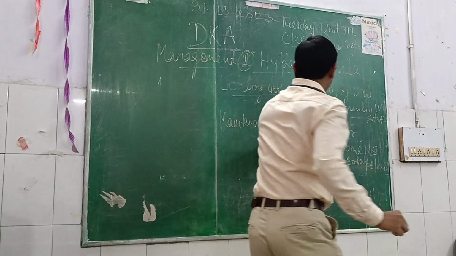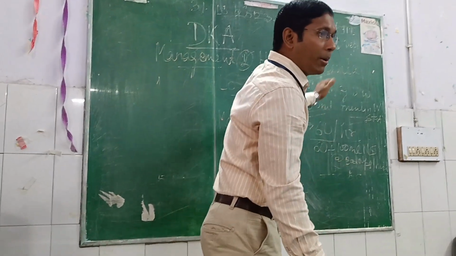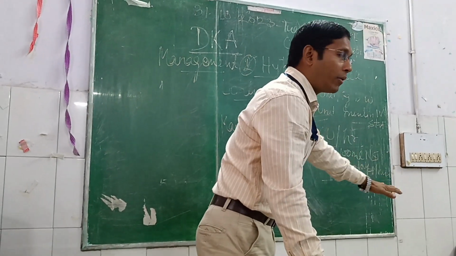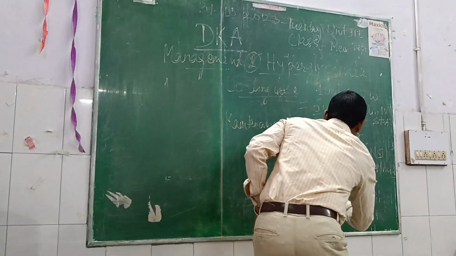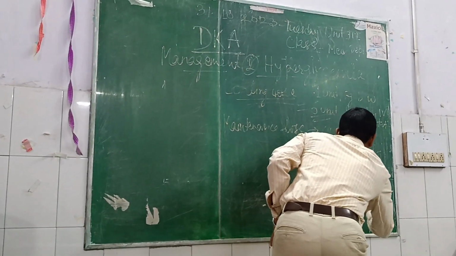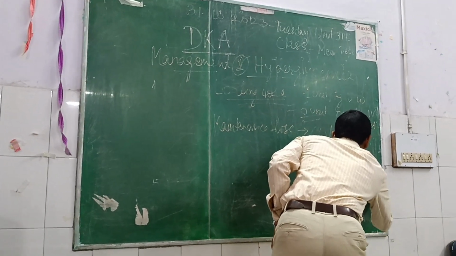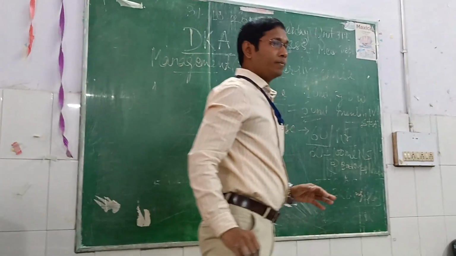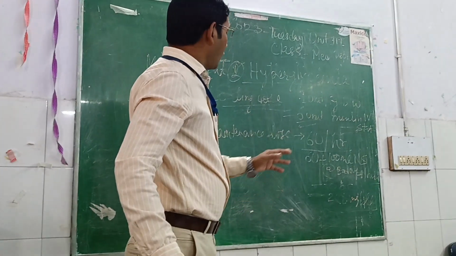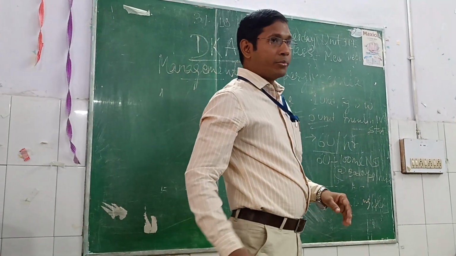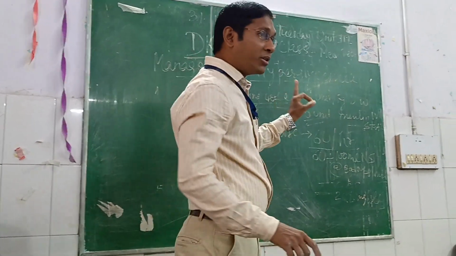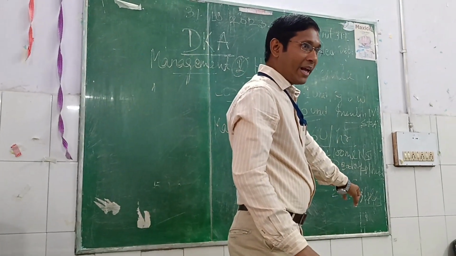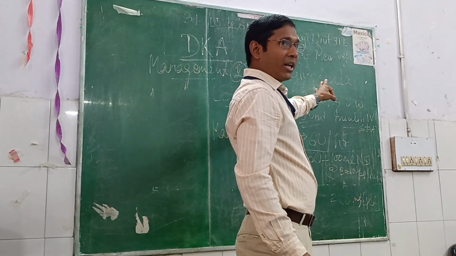If that finishes, we will have to again give 6 units per hour, to be continued until blood sugar level comes to 250 milligram per deciliter. Because this was the basic level above which diabetic ketoacidosis happens.